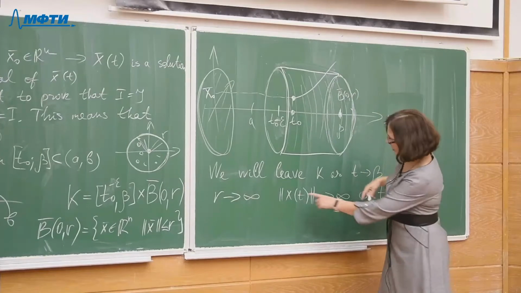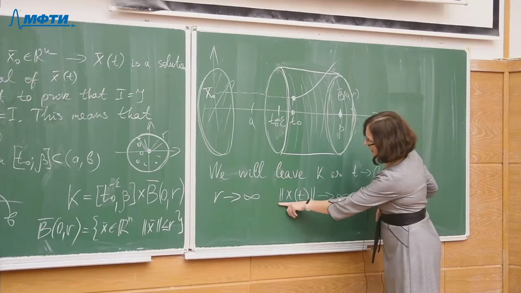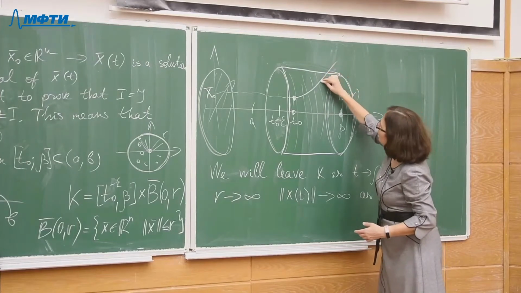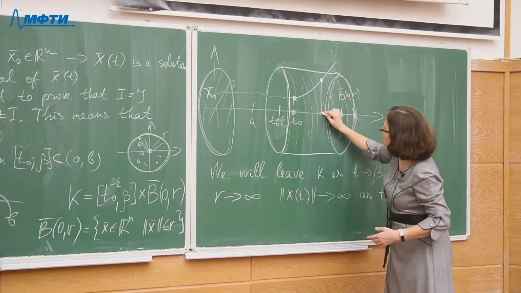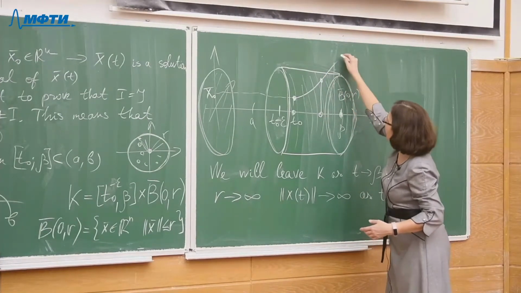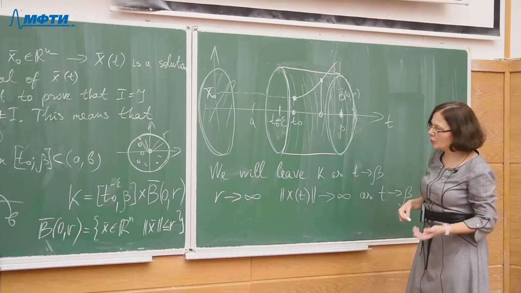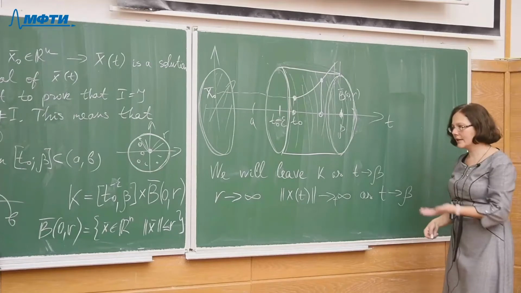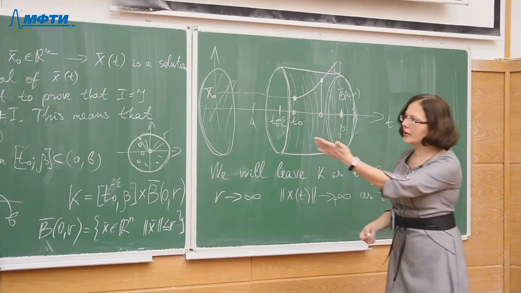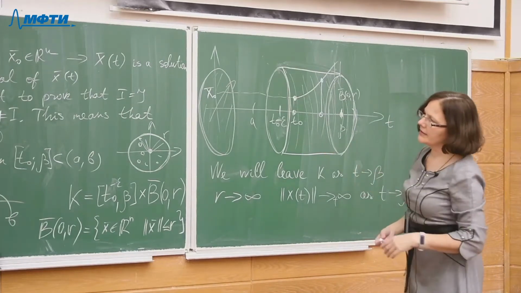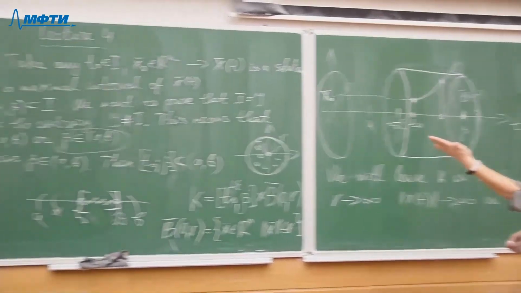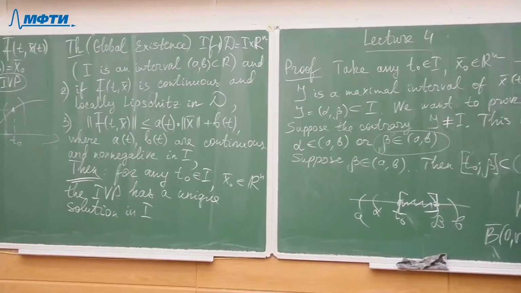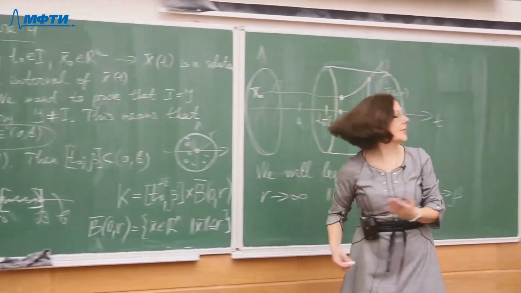So what does it mean? What is the norm of x of t? This is the distance from our point to the axis, and it can be made as large as we want, so it approaches positive infinity. But this will contradict our inequality stated in the hypothesis of our theorem, and I'd like to show the contradiction.